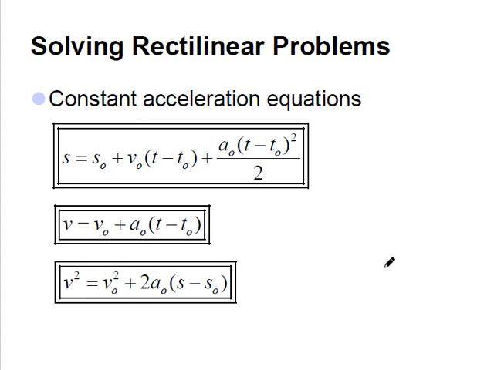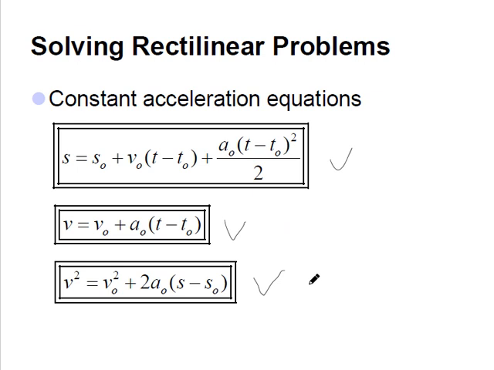Because this is your constant acceleration equation, so if you have already taken your Physics 1, they use the same equations for constant acceleration, and we can use them. I'm just going to review very, very quickly for you.